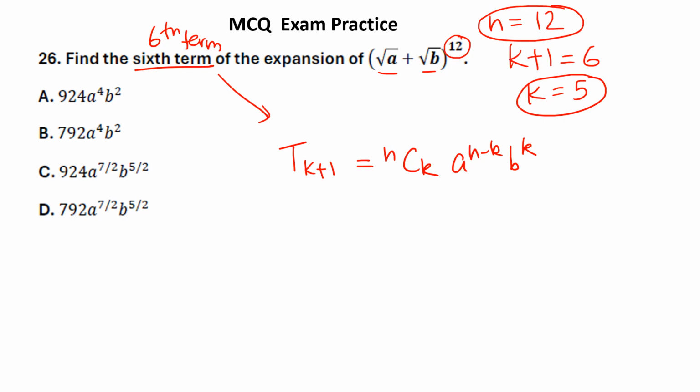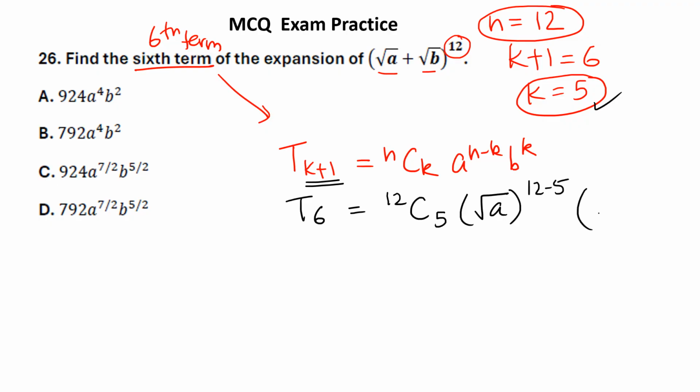Sixth means t is 6. So if I apply the formula, k plus 1 is equal to 6. Already I got my k. Now I apply this formula. So n is 12, C, k is 5, a is the first term, which is square root a, to the power n minus k, which is 12 minus 5, and the second term square root b, which is to the power k, 5.